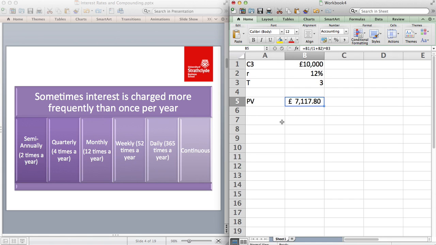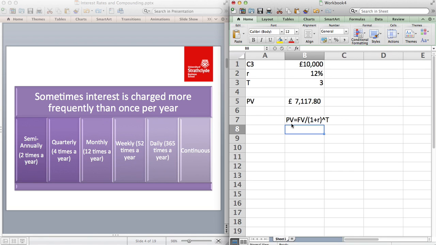The formula we used here is PV equal to FV, I'll just use FV, though I could use C3, divided by 1 plus R to the power T.